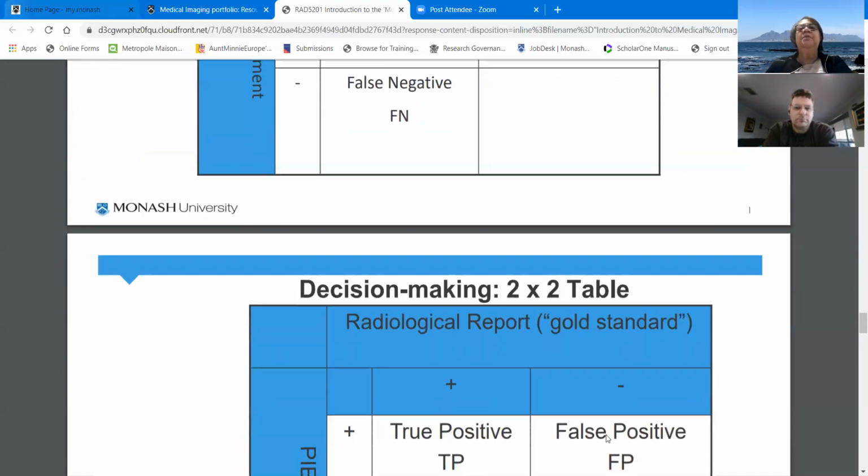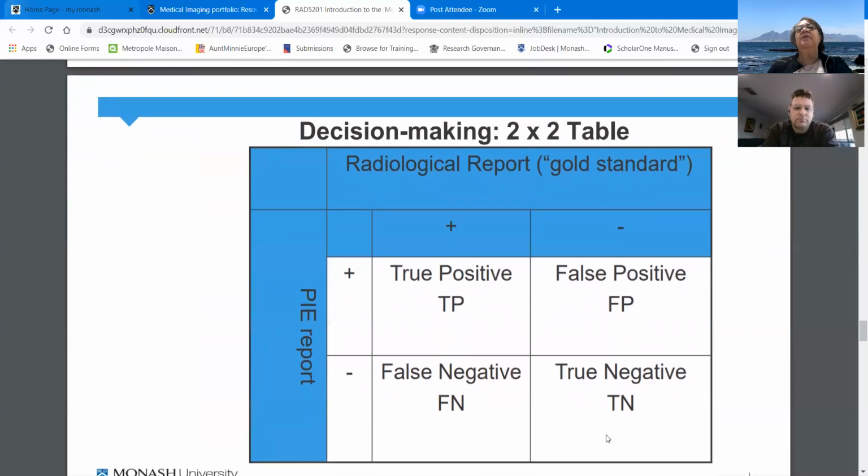And this will then produce a table that looks like this. So you can work out how many cases you have for true positive, false negative, or false positive, and so forth. Now, when you compare your comment to the radiologist's, the expectation is not that students undertaking this unit will write everything that the radiologist is writing.